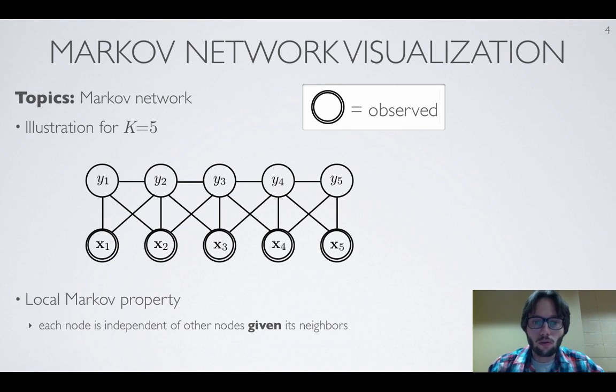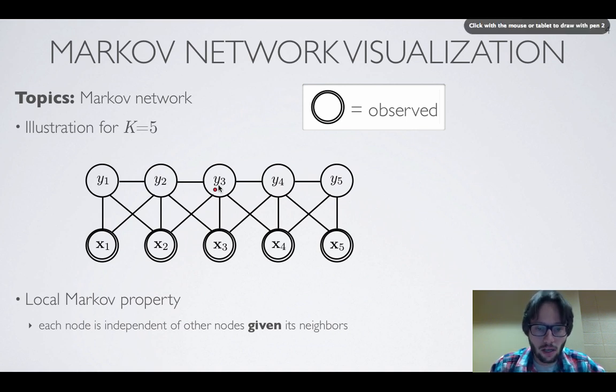What's useful with the Markov network visualization is that we can very easily identify certain conditional dependencies between the random variables of our model. For instance, the Markov network respects what's known as the local Markov property, meaning that in the Markov network, a random variable is going to be independent of all other random variables that are not its neighbors, given its neighbors.